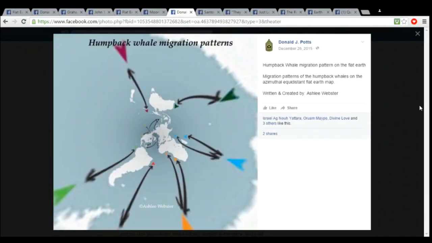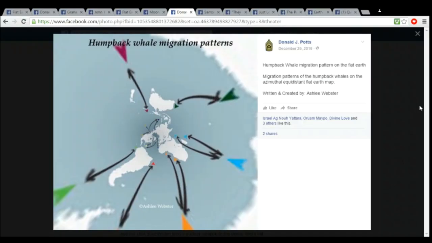Alright, this one here is a little bit easier to understand. Animals have different migrations all around the world. The humpback whale migration pattern on the flat Earth is very different. It's absolutely away from what we know of as land.